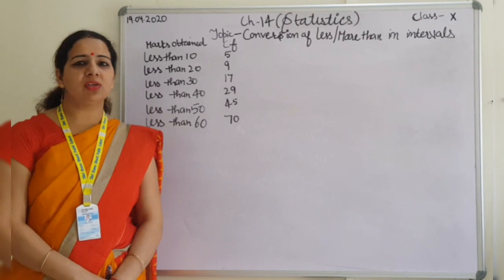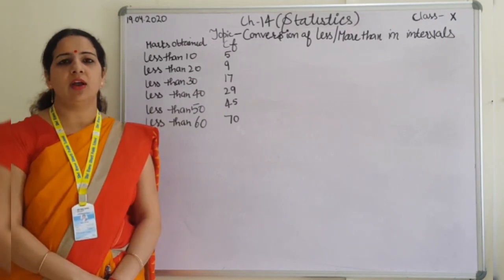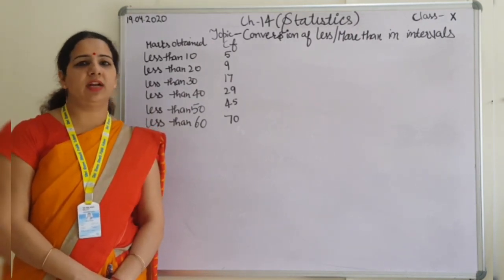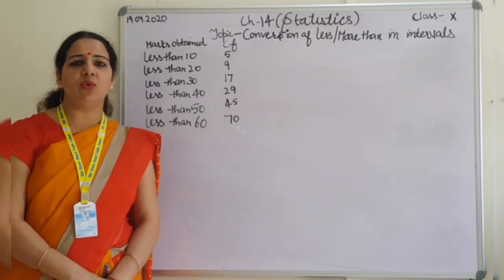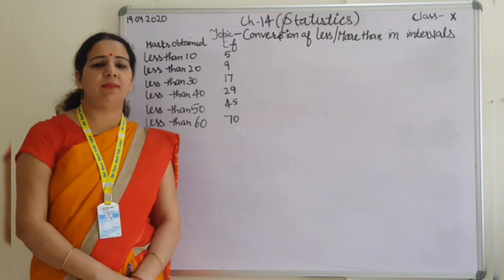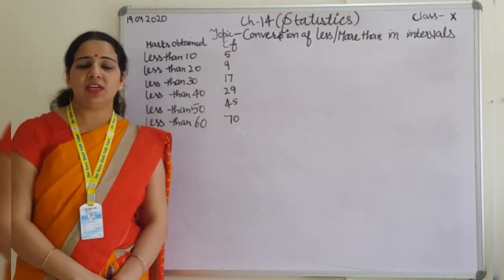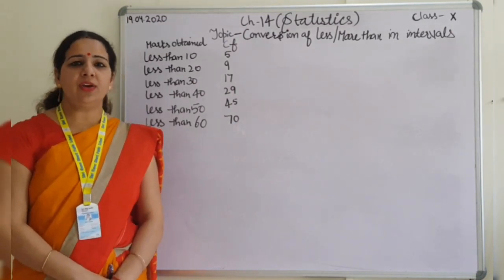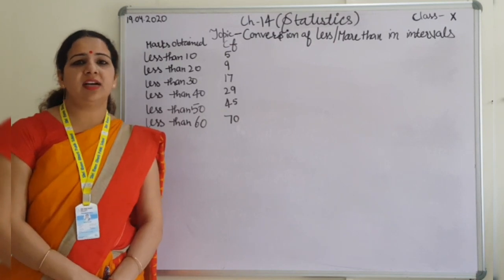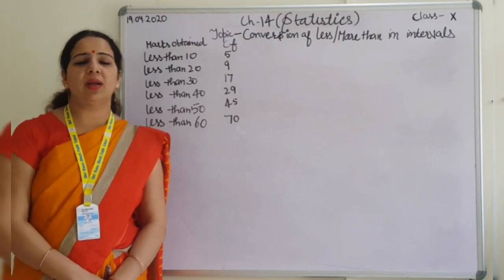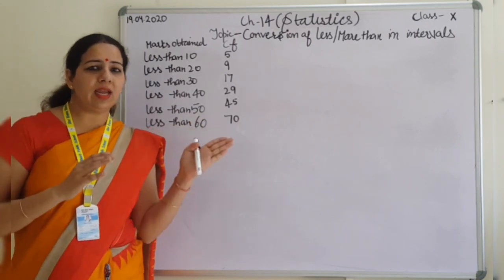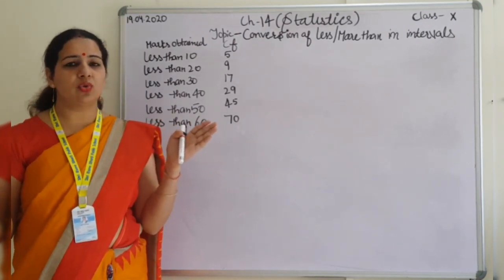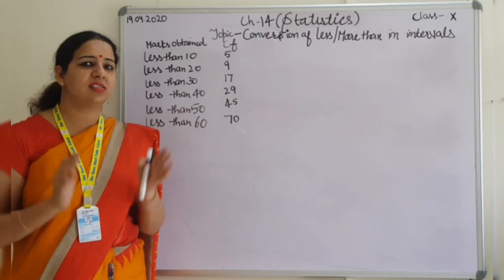These questions can be solved when the intervals are given, not when the less than and more than types are given. And what about these less than and more than types? Let me tell you through one example. If in your class I ask the students who have scored marks between 20 to 30 to stand up, only those students will raise their hand.